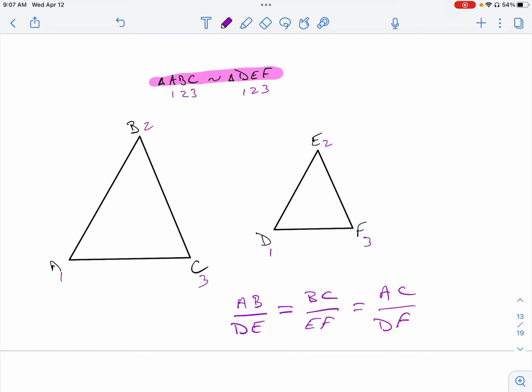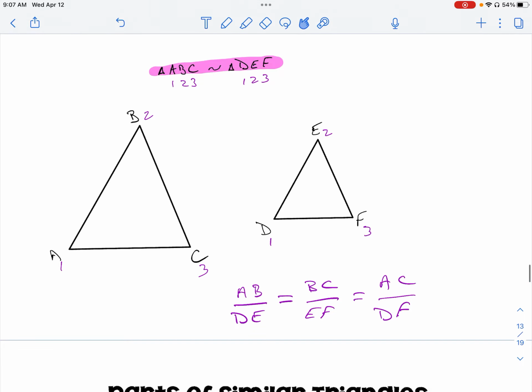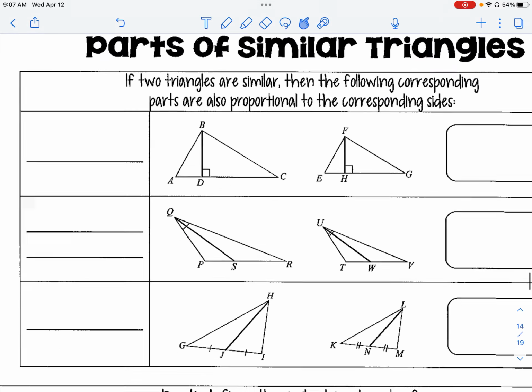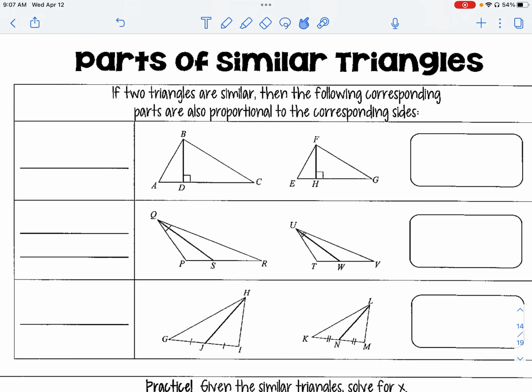Now we're going to apply this concept to other parts of the triangle beyond just the sides, because we do have segments in triangles that are on the inside of the triangle. And as it's going to turn out, if two triangles are similar, then the following corresponding parts are also proportional.